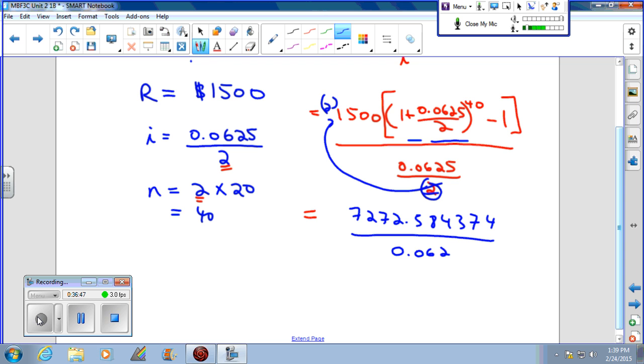I already took care of the 2, so now I divide that number by 0.0625, and I get 116,361.35. So she would have to put 116,361.35 into that annuity, which makes sense. That's about how much we're expecting her to put in there.